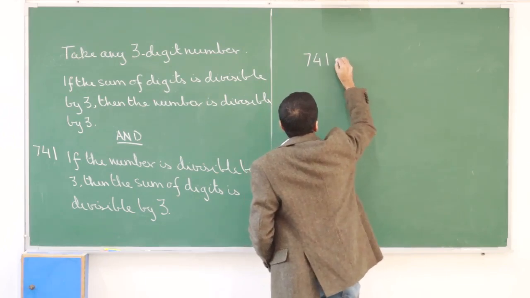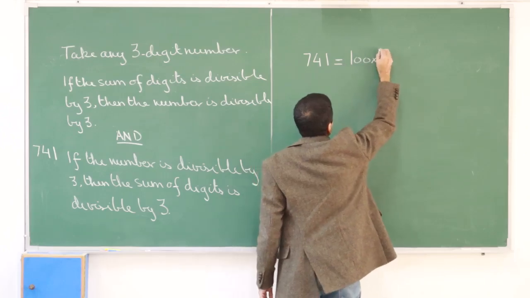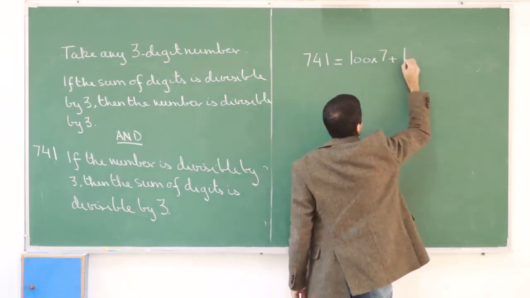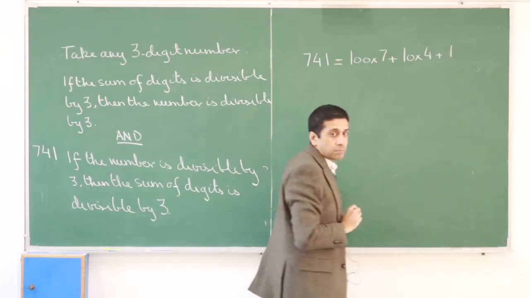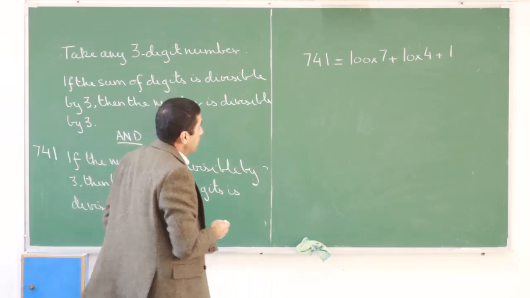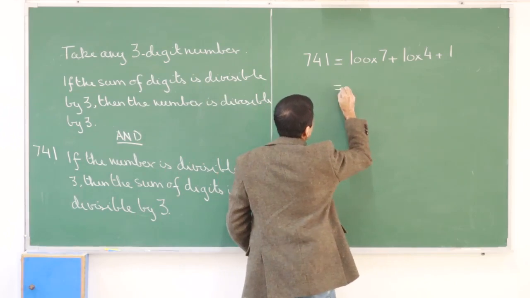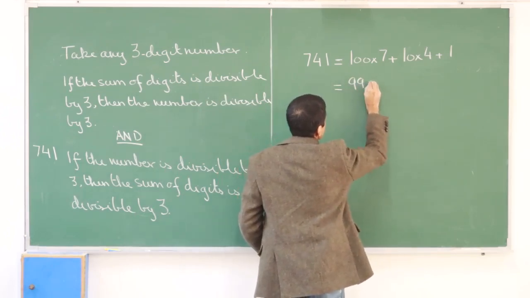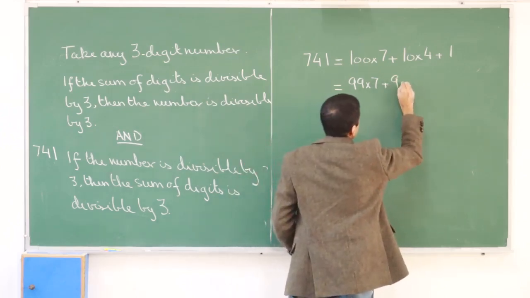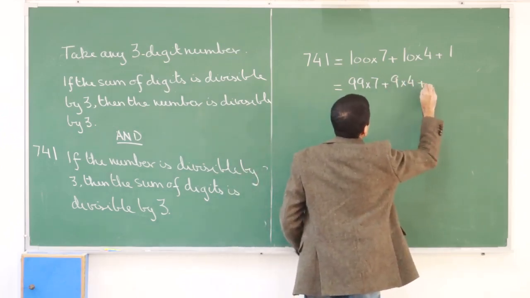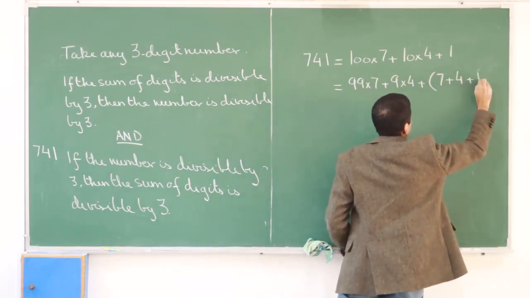This is just equal to place value, our old friend, 100 sevens plus 10 fours plus 1 1, right? Old friends. Okay, let's rewrite them. Now note, I can rewrite this as 99 sevens plus 9 fours plus 7 plus 4 plus 1.